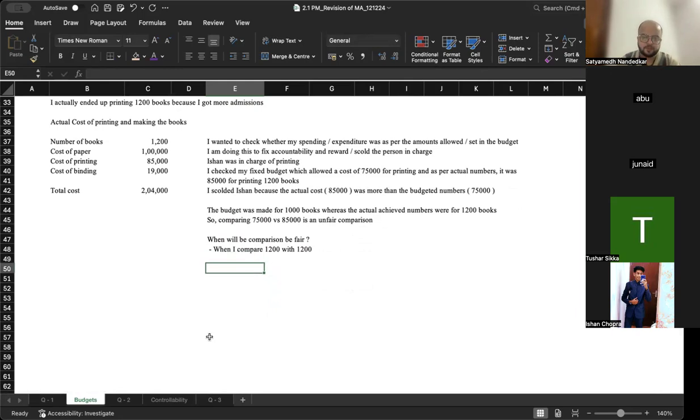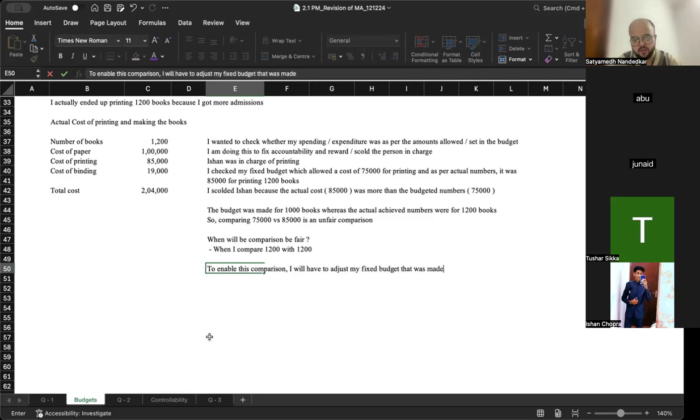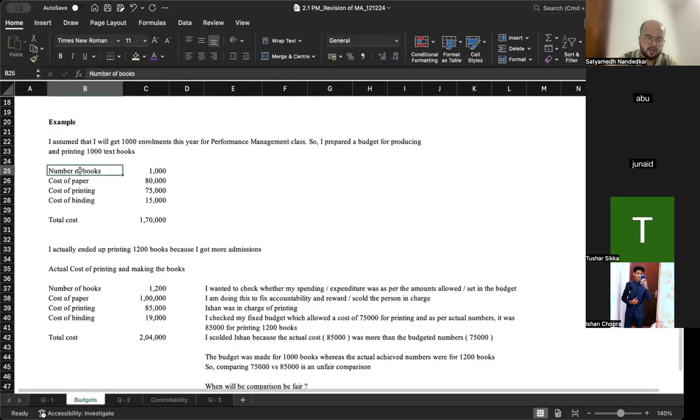So I will have to adjust my fixed budget to enable this comparison. I will have to adjust my fixed budget that was made at the start of the year. Okay, so let's do that activity.